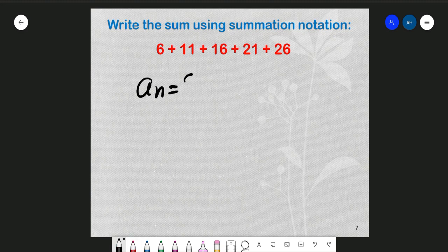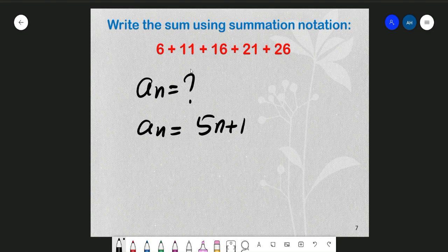a_n equal to what? Now if we look carefully at the numbers that we have in this series, we see that a_n is equal to 5n plus 1. It's a multiple of 5, but for each one of them we have to add 1.